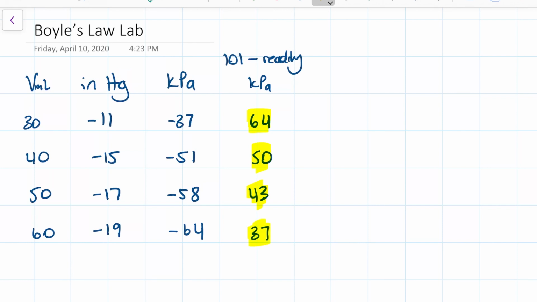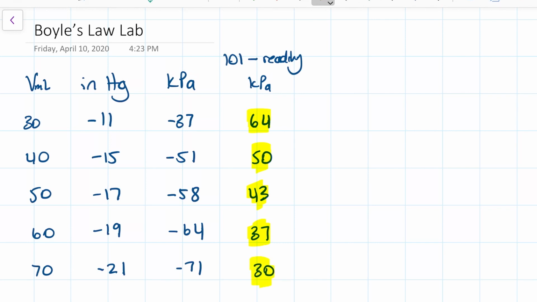And lastly, I had 70 mils of air in my graduated cylinder inside the vacuum pump, and the pressure reading in inches of mercury was -21. Converting to kilopascals, that's -71, but we were at 101 kilopascals in the room, so 101 minus 71 is 30.